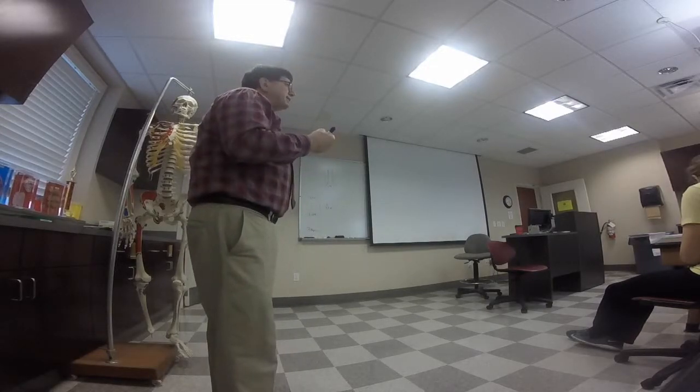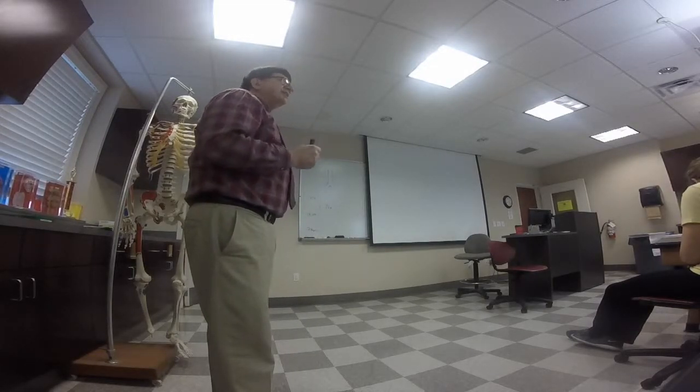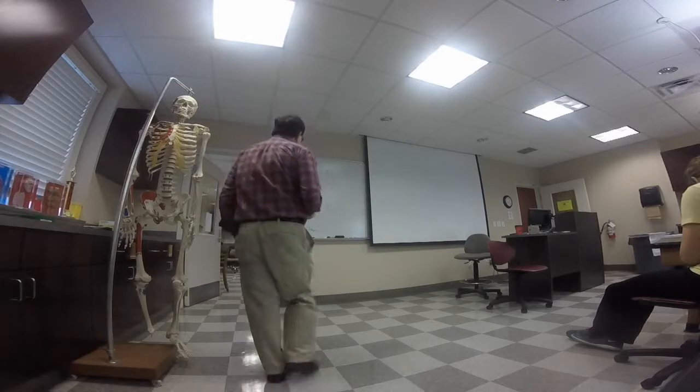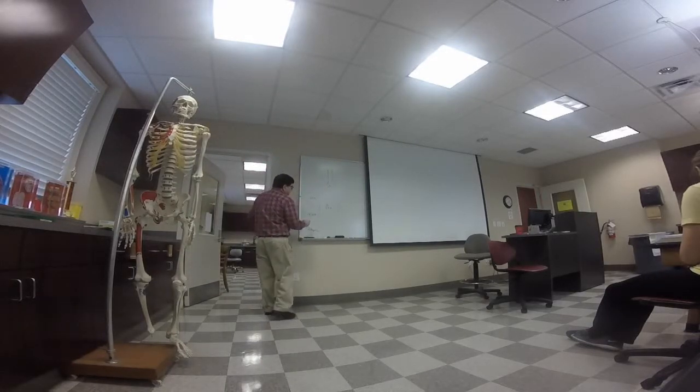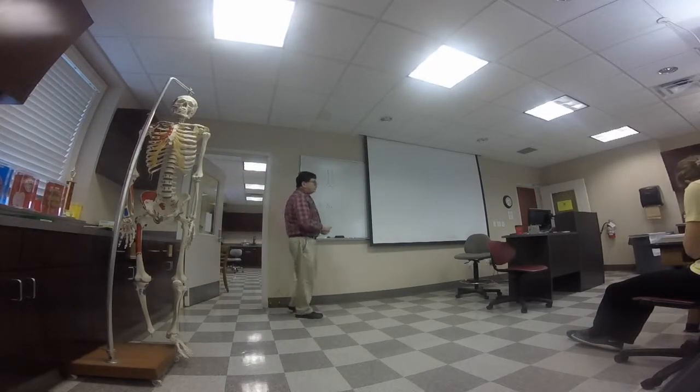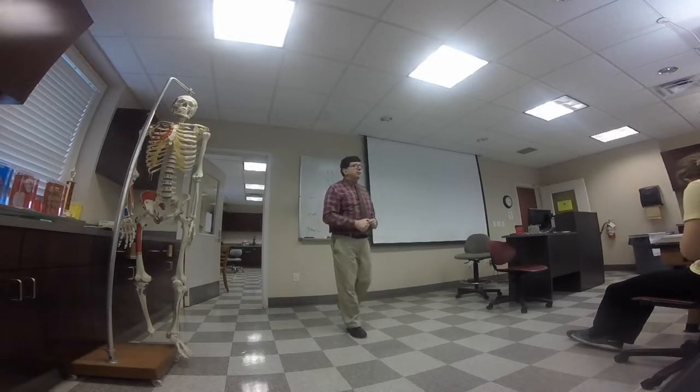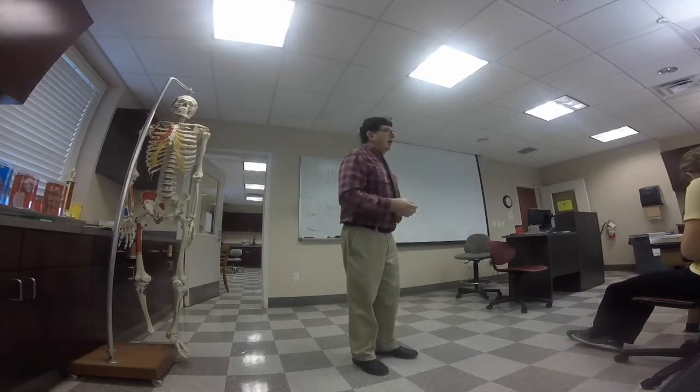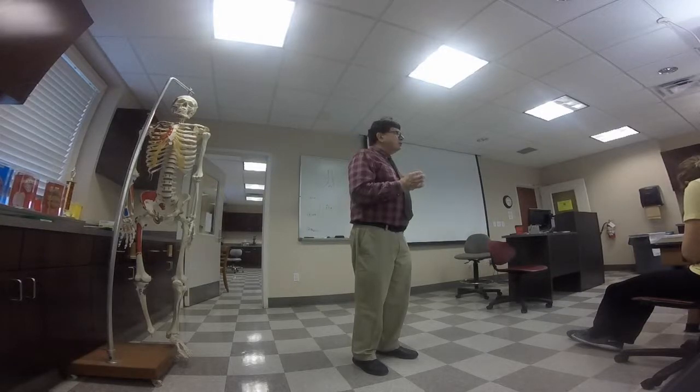Now, one of the most common sites for peripheral vascular disease is the superficial femoral artery. In fact, the superficial femoral artery passes through a little tunnel to reach the popliteal space. It's called the adductor canal.